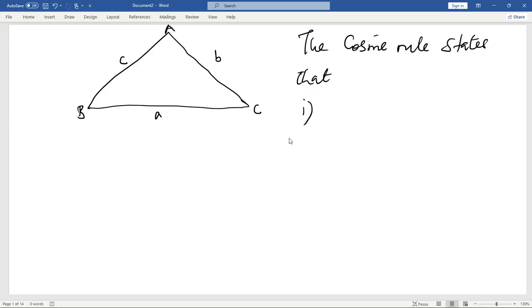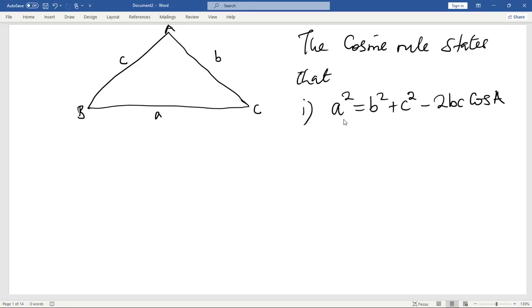There are instances where you're asked to find the length of a, so it changes with the sides that you're given. For example, a squared is equal to b squared plus c squared minus 2bc cos A.